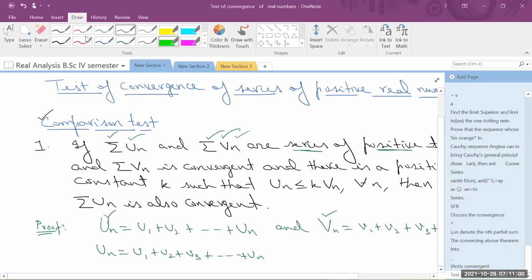Let me write it clearly, otherwise it will create confusion: small u1 plus u2 plus u3 up to un.